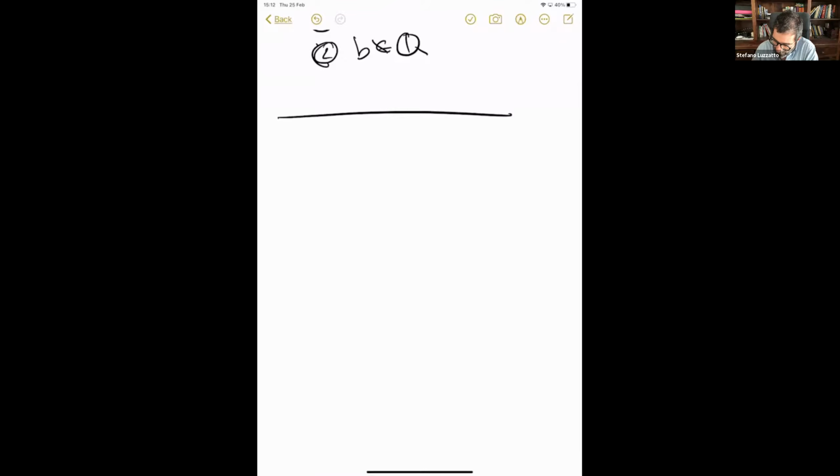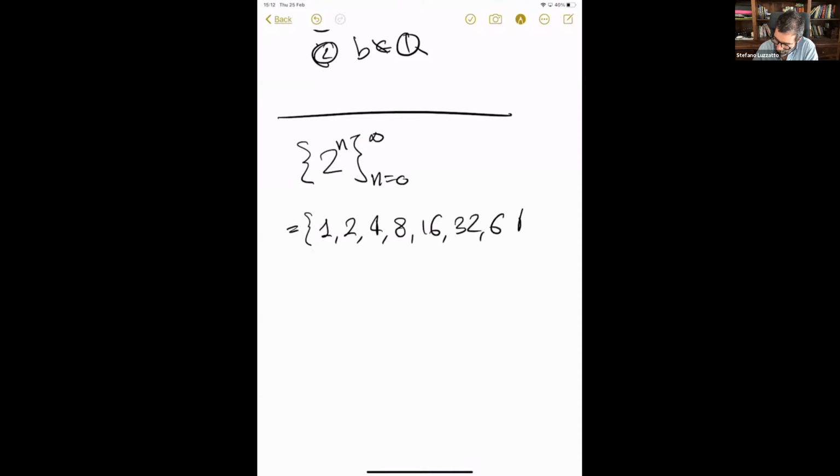Suppose you take the sequence 2 to the n. So this is a sequence of numbers, right? So this is just 1, 2, 4, 8, 16, 32, and so on. You know this sequence very well.